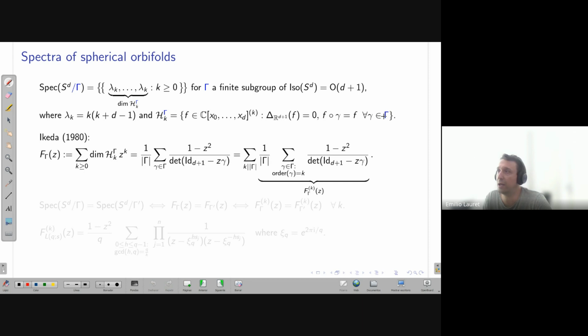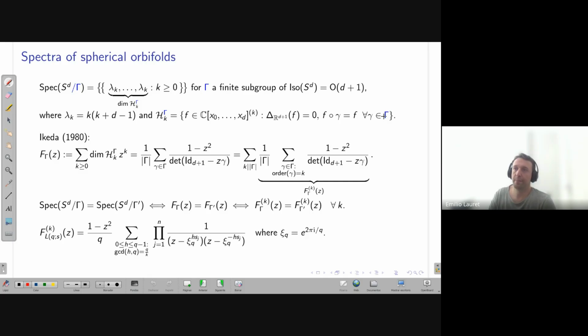And well, I have not much time, so let me go very quickly. Ikeda introduced, this is the main tool of both papers, this power series, generating function, right? Now the kth term of this power series is precisely this dimension, which is the thing that characterizes the spectrum, okay?